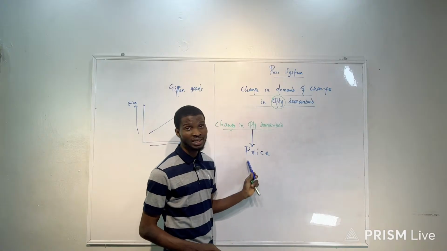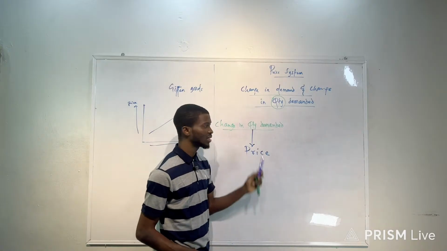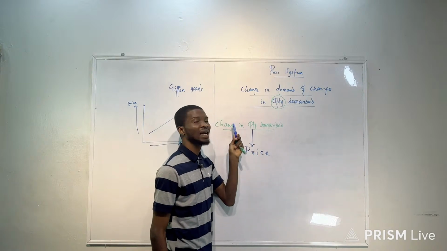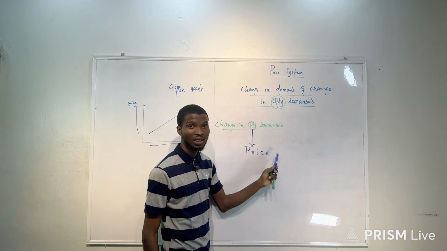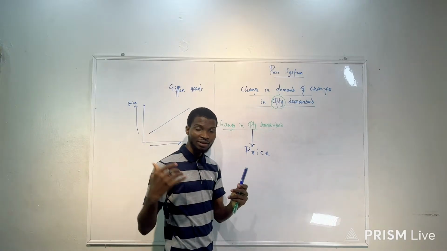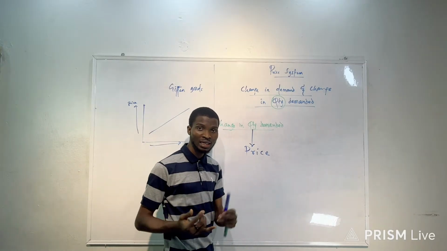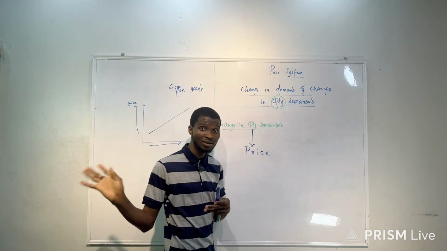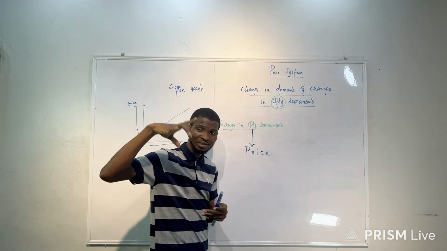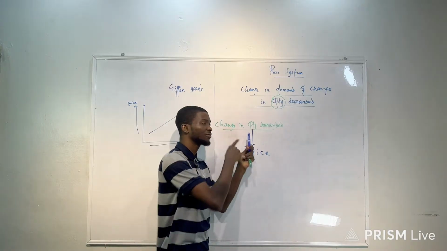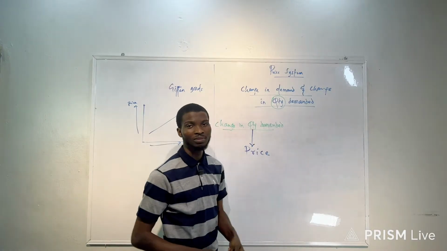And because of that, it is the only factor that affects change in quantity demanded. You know, price is also one of the factors affecting demand. We said it now. Factors affecting demand are price, price of related commodity, income, population, and so on. So only price in those factors affecting demand affects what? Change in quantity demanded.